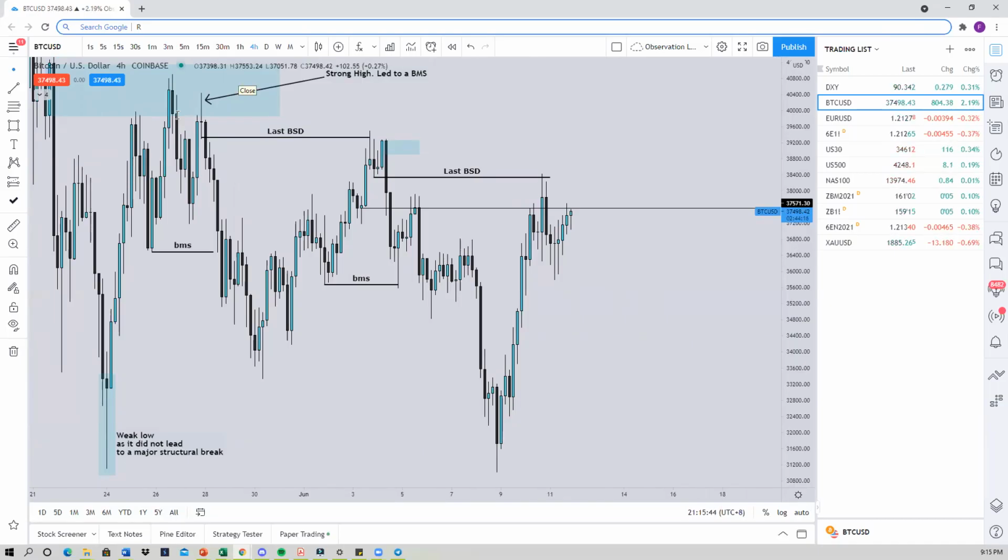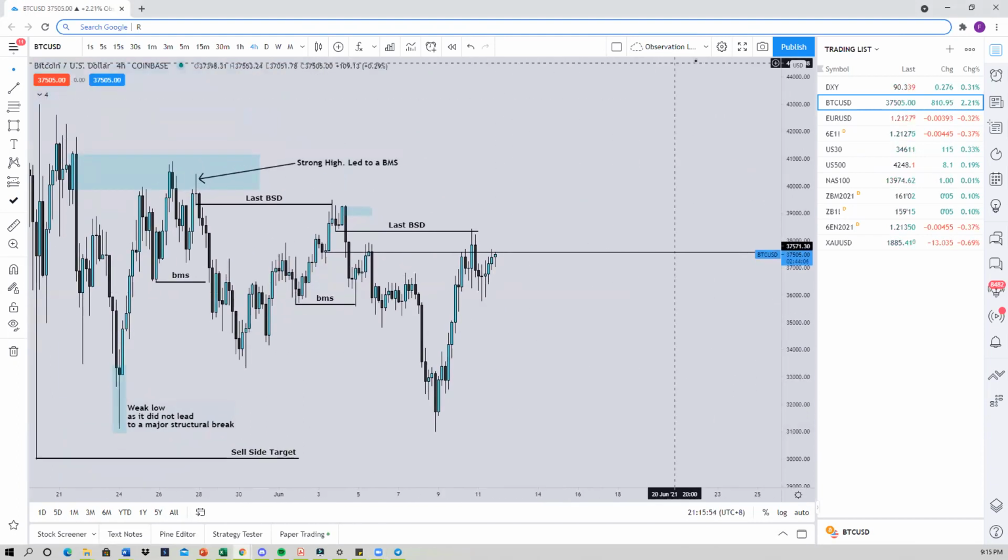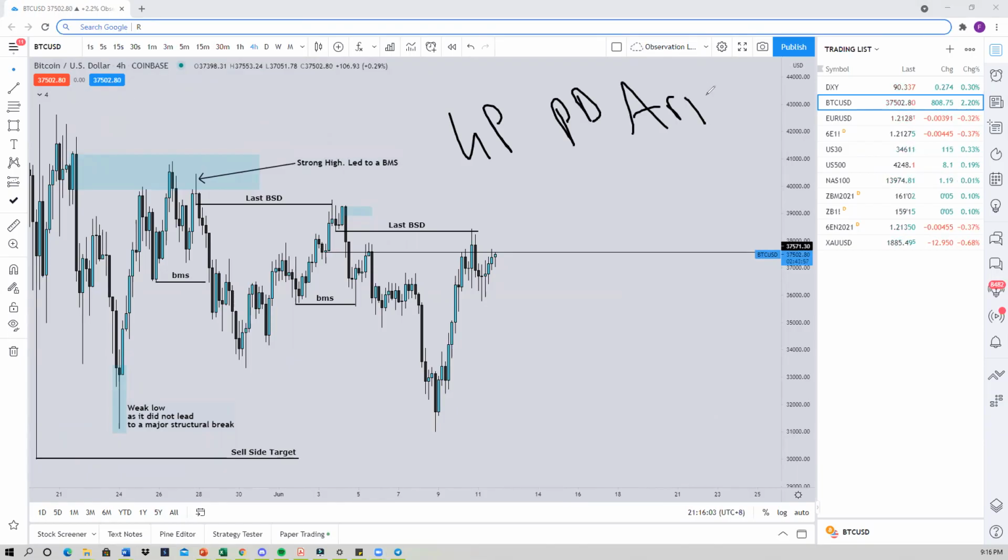Now, when we look at the highest probable PD arrays, right now, just think about this. We call it the highest probable PD arrays are the ones whose market structure has led to a market structural break.